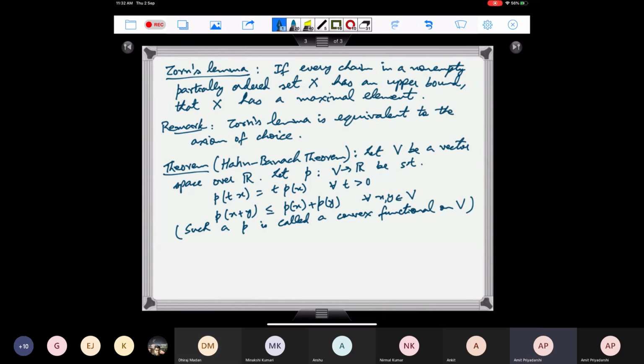In fact, if you just assume convex, then it need not be subadditive either. So if these two, subadditivity and positive homogeneity, are satisfied, then we call it a convex functional.